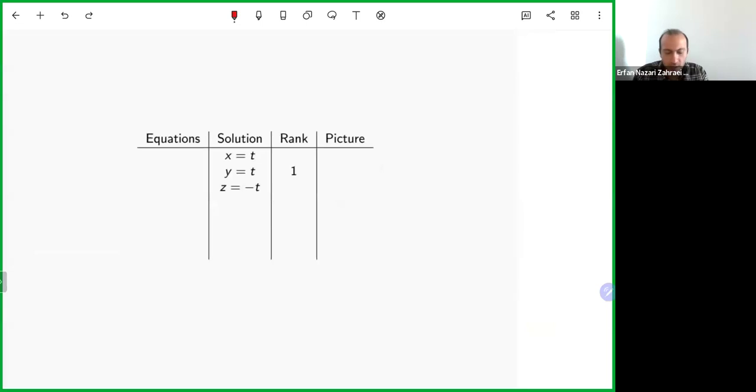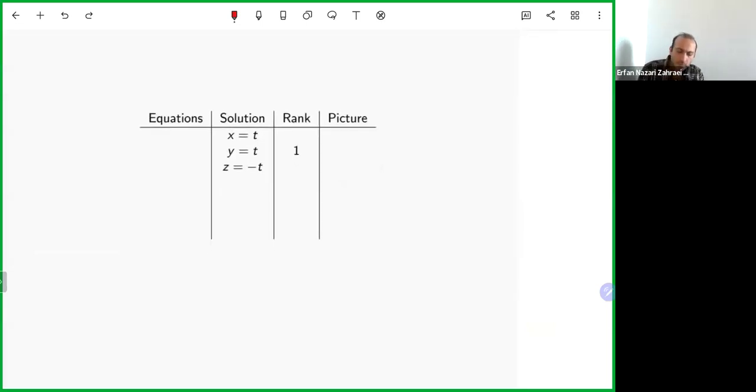Then what about this? I want to write down a system where this is the parametric solution and rank is 1, and find a system and a picture for it. Let me first see what I have according to this theorem.